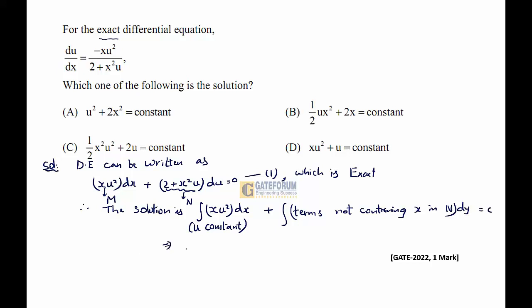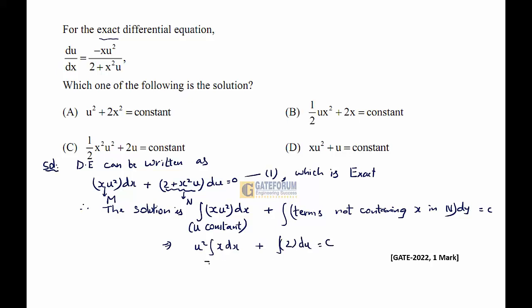So this implies, when u square is constant, take out x dx, plus integration of terms not containing x, only the constant 2 du, is equal to c.